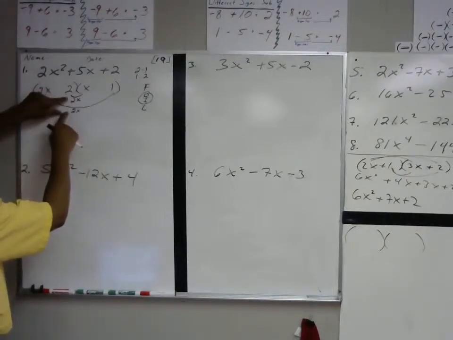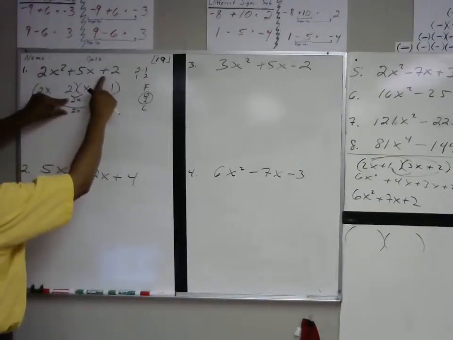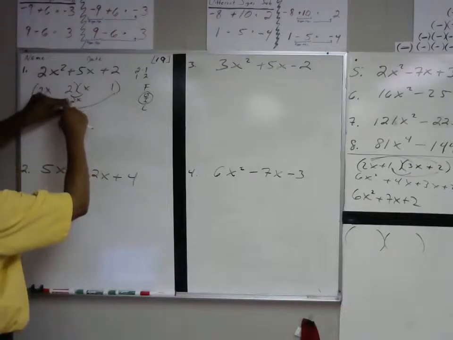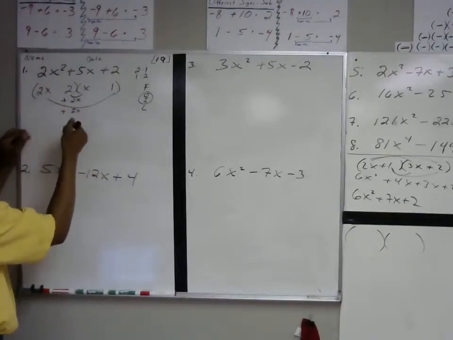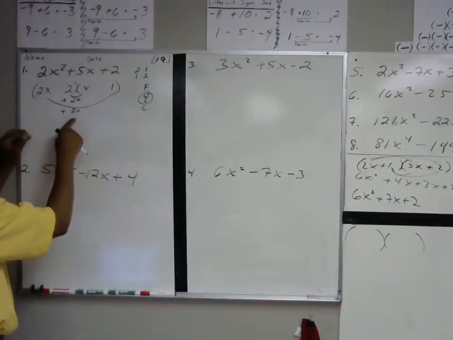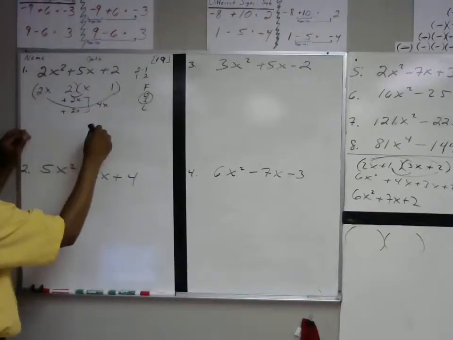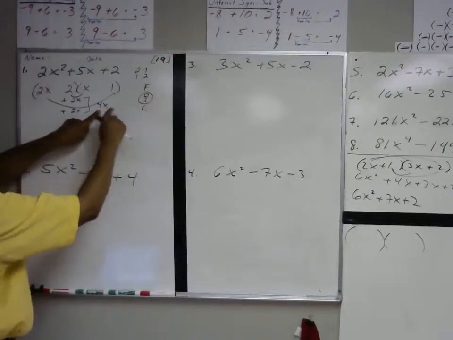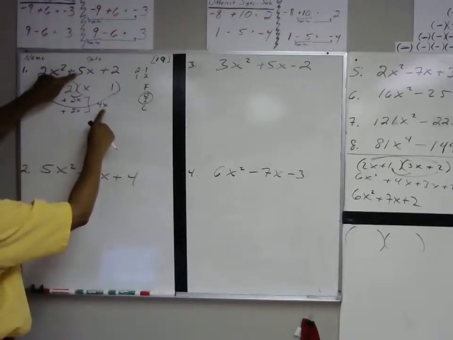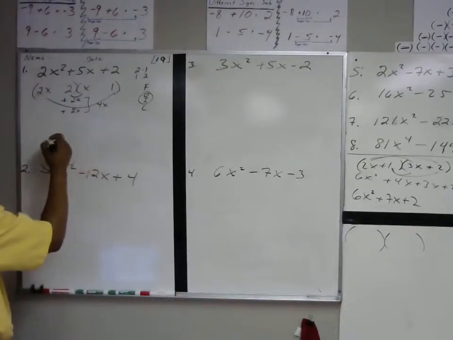This plus means that we need the same signs, either negative, negative, or positive, positive. I just don't know which one, so I'm going to try positive, positive, and see if that works. If I try positive, positive, this becomes 4x. That's doing the outside and the inside. If this matches this, we have the right combination. And obviously, this doesn't match, so we don't have the right combination.